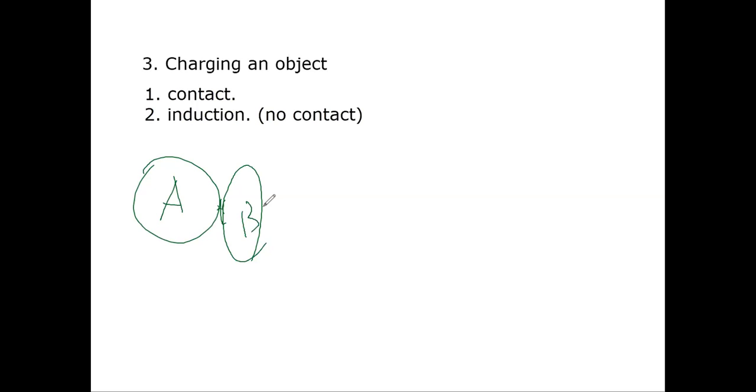As far as you have a charge transfer from object A to object B or the other way around, then you are going to charge the object. So this is how you charge the object.